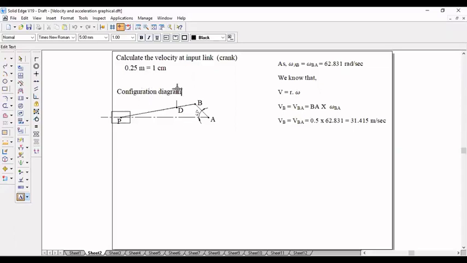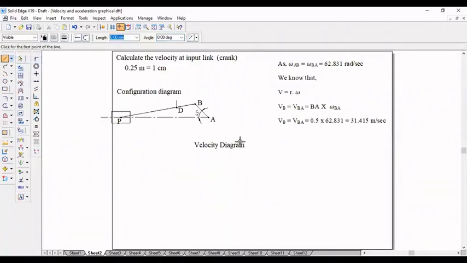Now, after the configuration diagram, you must construct the velocity diagram. For constructing the velocity diagram, a very important point is that you must draw the line corresponding to the configuration diagram.